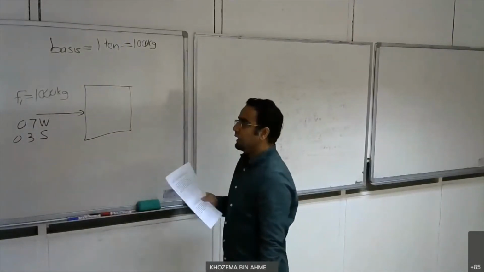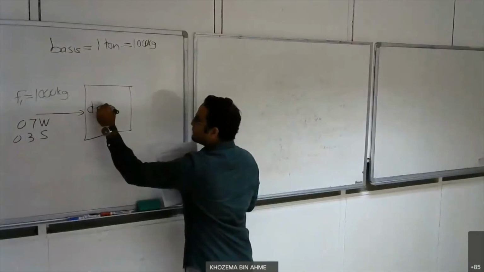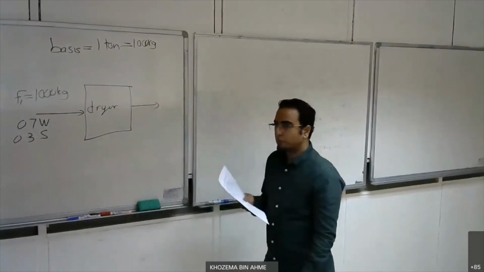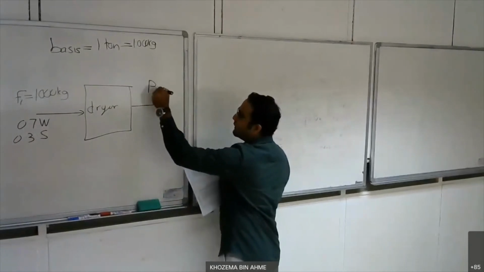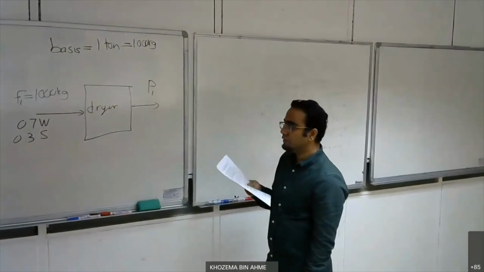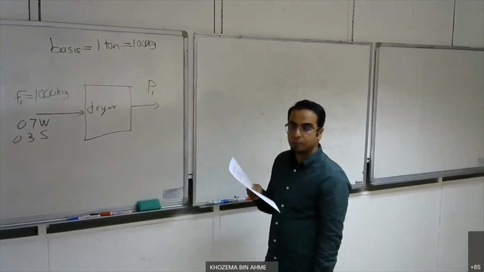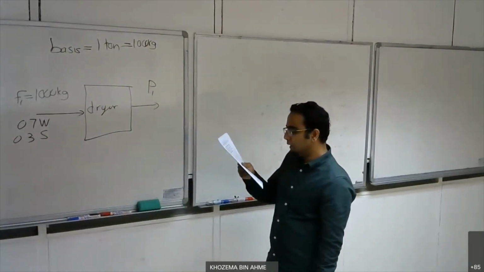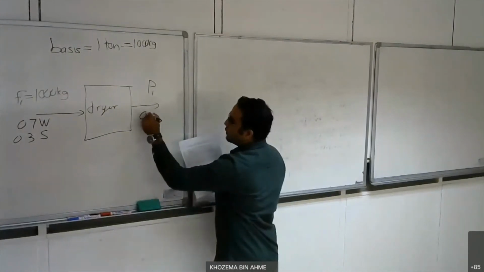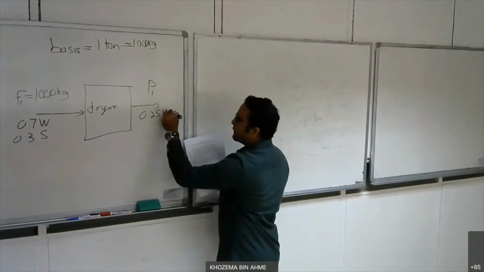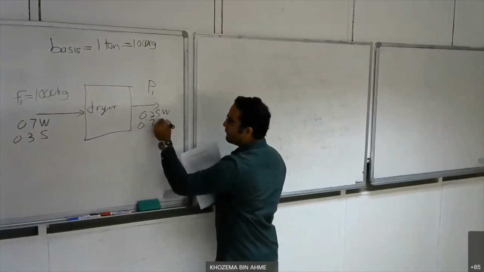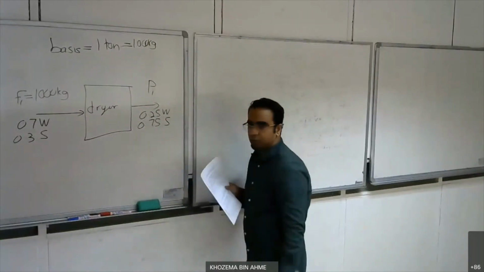It is going through a dryer, so it is coming out. I put P1 here because I know that there are 2 streams coming out. My first stream coming out has a composition of 0.25 water, and the rest, 0.75, is my solid.